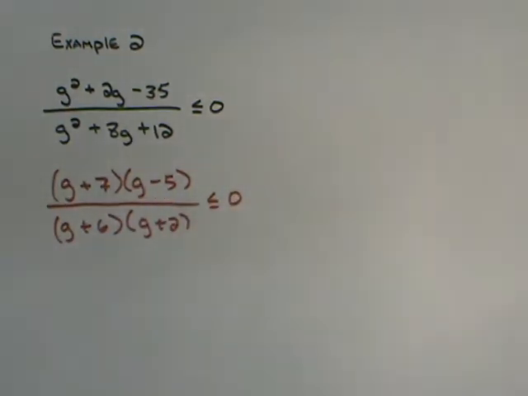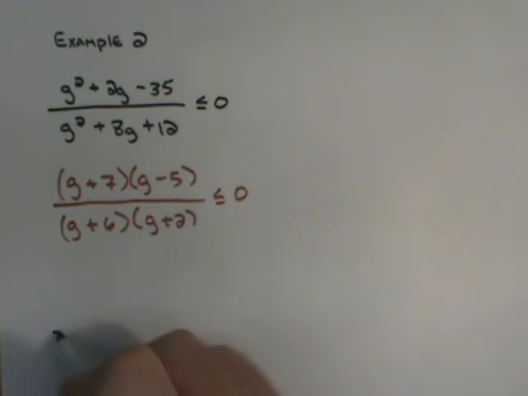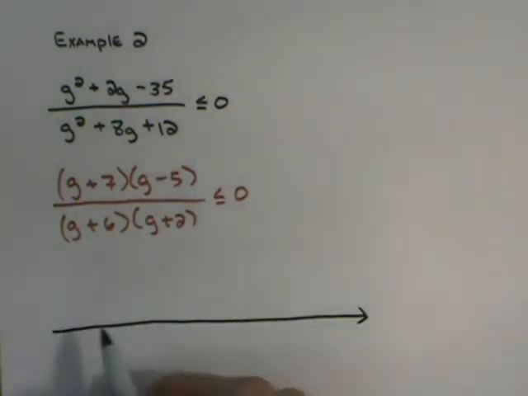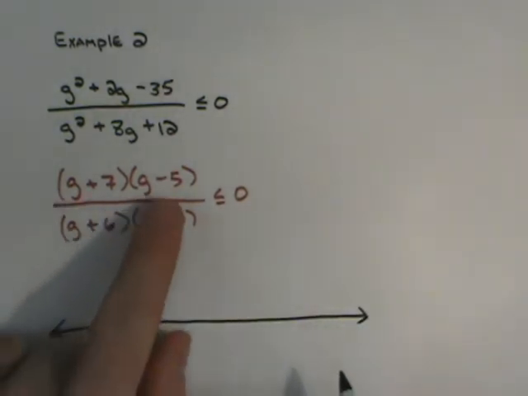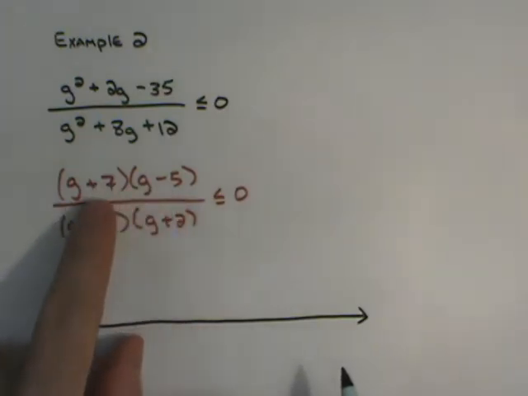Once you have both the top and the bottom factored, we look for what we call critical points. Critical points come from zeros, which are located in the numerator, and restricted values, which are the zeros from the denominator. I'm going to have my number line here. My zeros from the numerator would be located at 5 and negative 7.